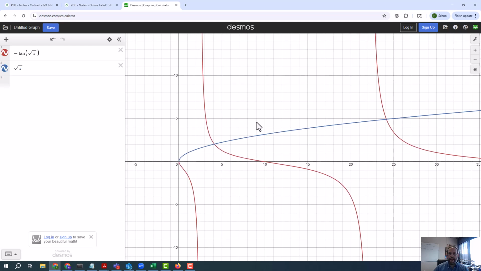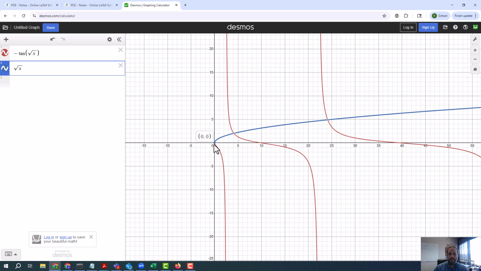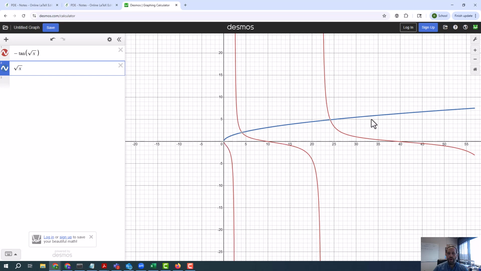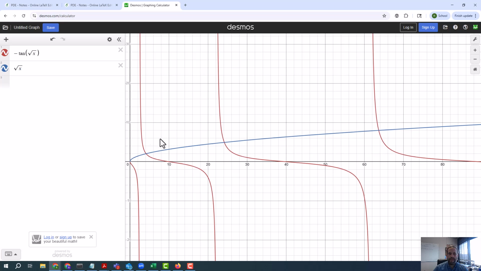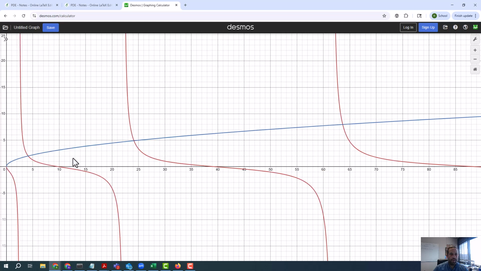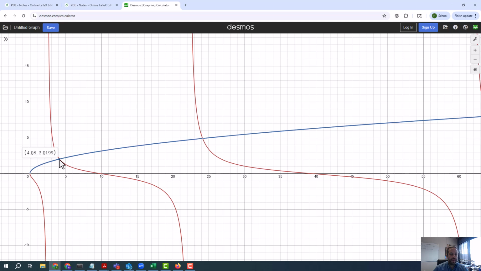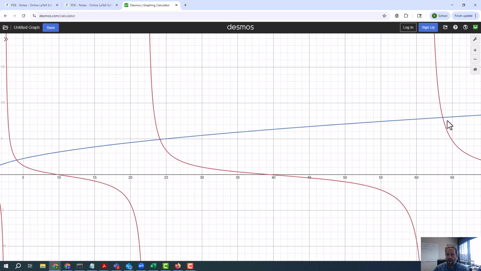Whenever there are intersections, now there's an intersection here, but we know lambda has to be positive. At each of these intersections, that's going to be where there is an eigenvalue. So the eigenvalues look like x is equal to about 4.1, one where x is equal to about 24.14, and one where x is equal to 63.66.